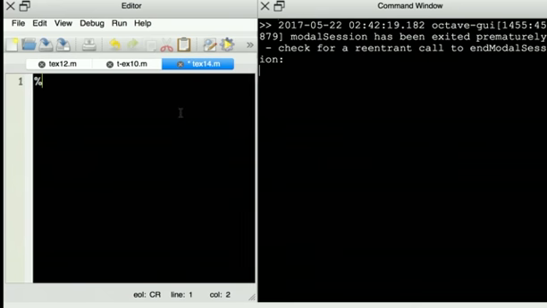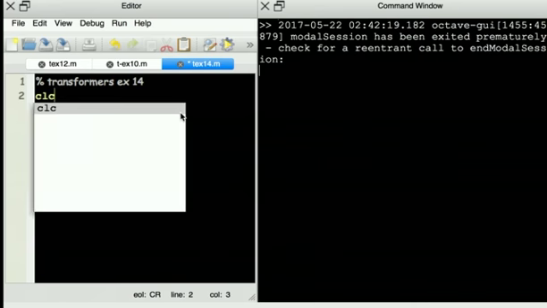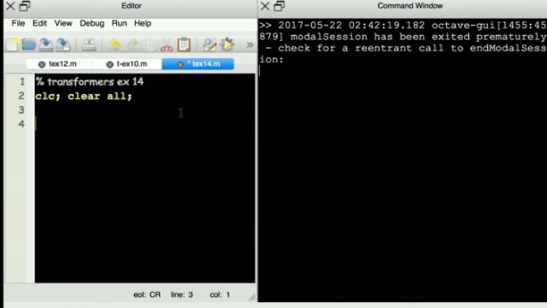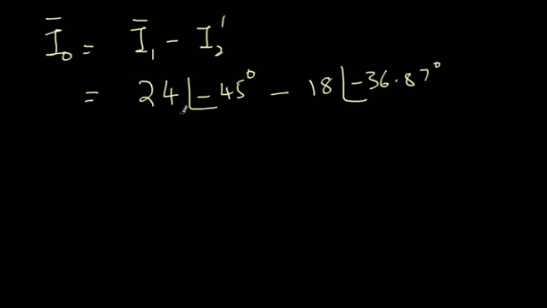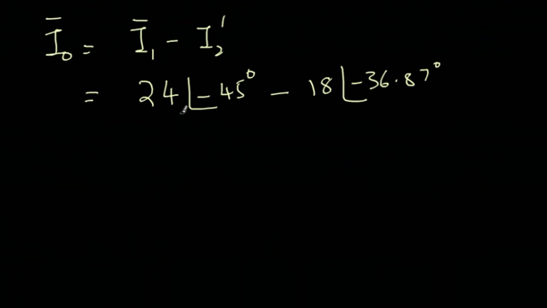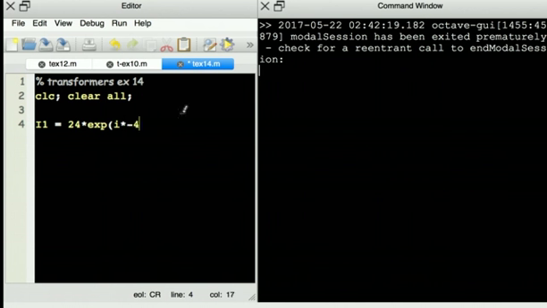So here let's clear the screen and clear the variables, and let's define I1 equal to 24 exponent of j into minus 45 degrees.